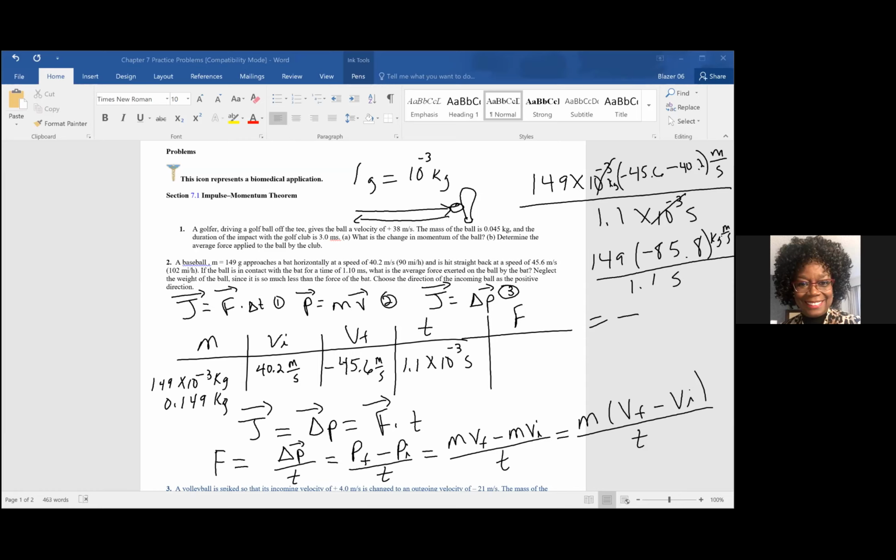You have to do your homework very methodically so that you will have a good answer. So I got that, and I'm going to divide that by 1.1. Okay, let's see what you all are getting. Okay, very good.